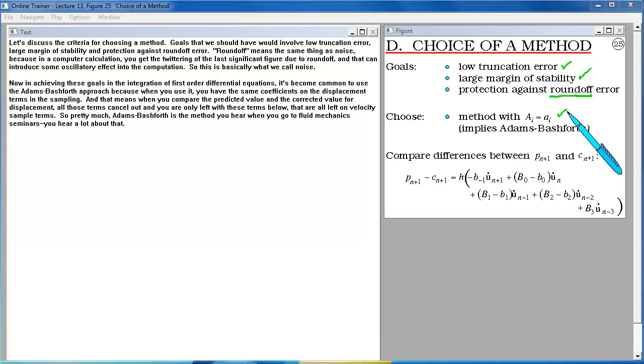And that means when you compare the predicted value and the corrected value for displacement, all those terms cancel out, and you're only left with these terms below that are all on the velocity sampled terms. So pretty much Adams-Bashforth is the method you hear. When you go to fluid mechanics seminars, you hear a lot about that.